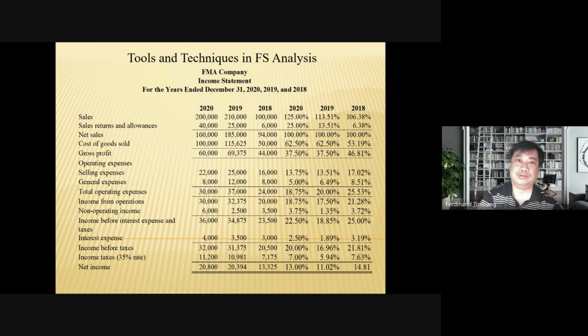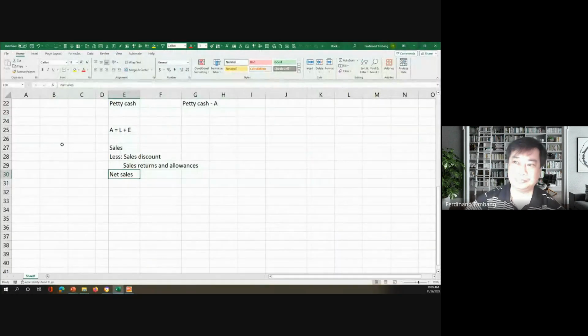You do the analysis. Titingnan mo yung financial ratios, titingnan mo kung nagpe-perform ba yung company or not. Actually walang standard, but we do some computations. Like for example, yung capital structure na tinatawag natin, ganito siya.